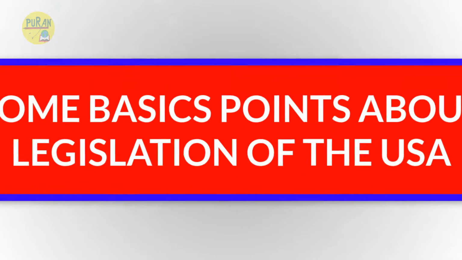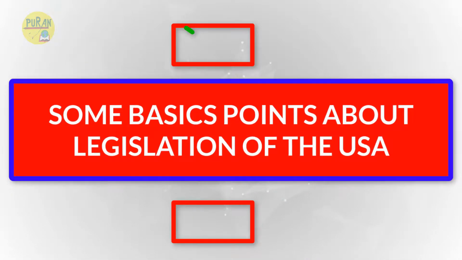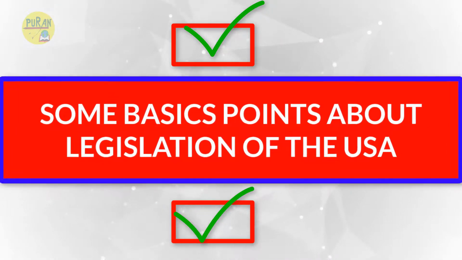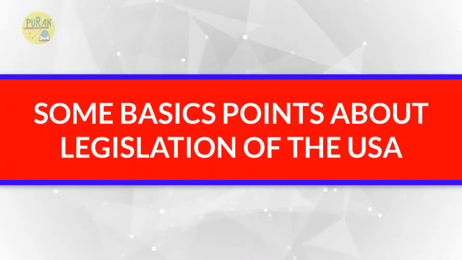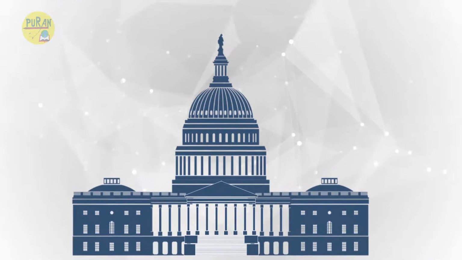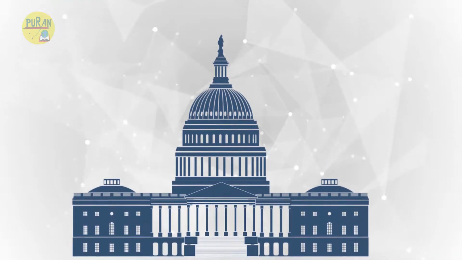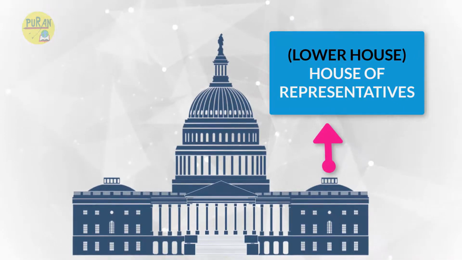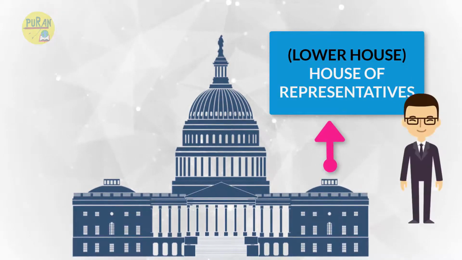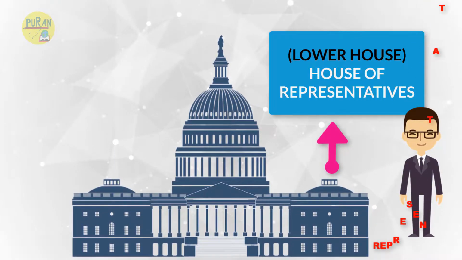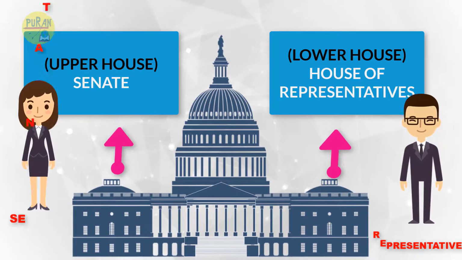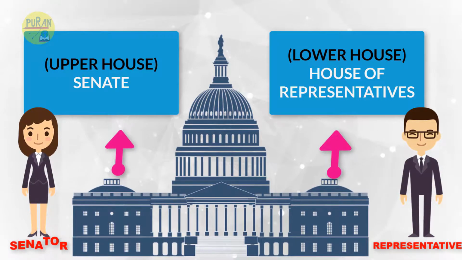Before moving on to our main topic of this video, let's understand some basic points about the legislation of United States of America. First, the United States Congress consists of two legislative bodies. Lower house is called the House of Representatives and its members are simply known as representatives. The upper house is called the Senate and its members are known as senators.